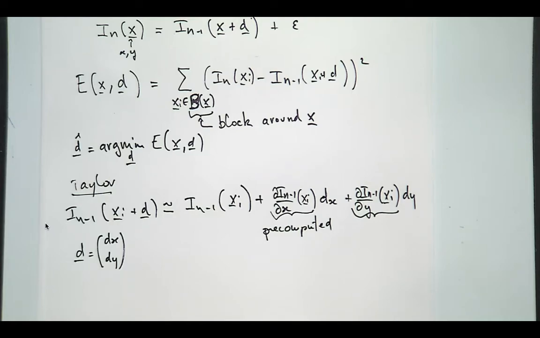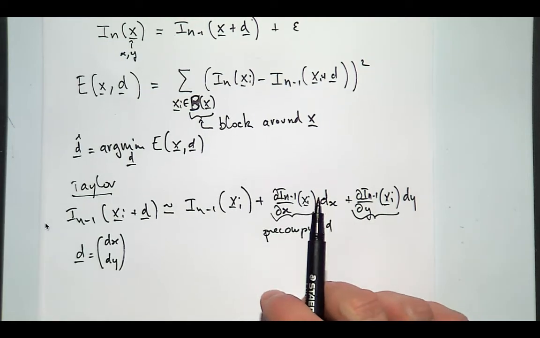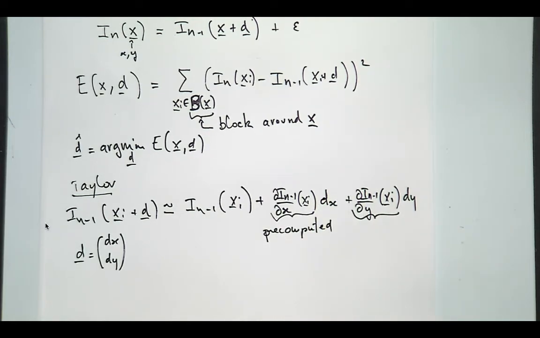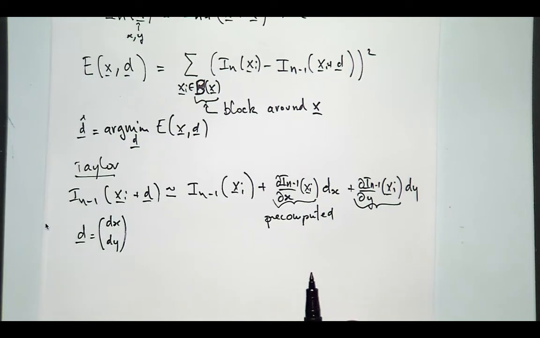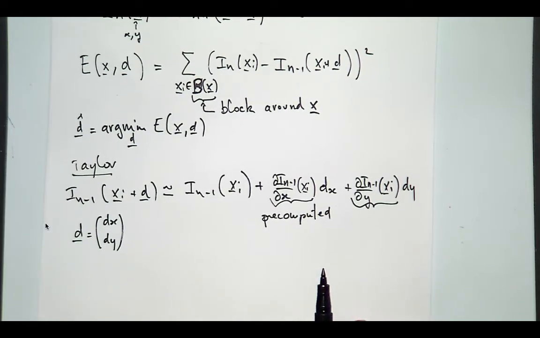They're constant, it's just the gradient in x and y of your picture. And then you're left with this simple expression which relates your shift in x and y. So it means now that you have a simple linear expression.